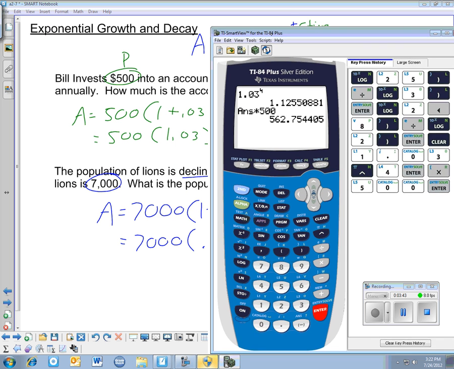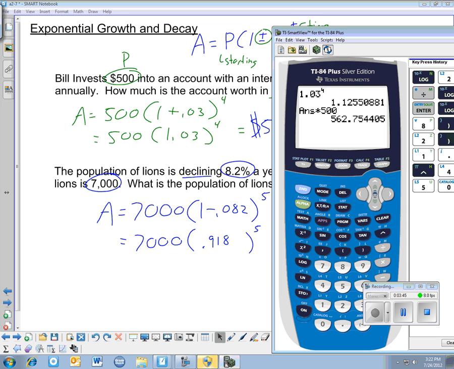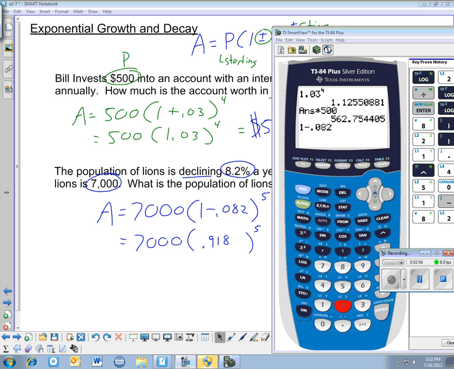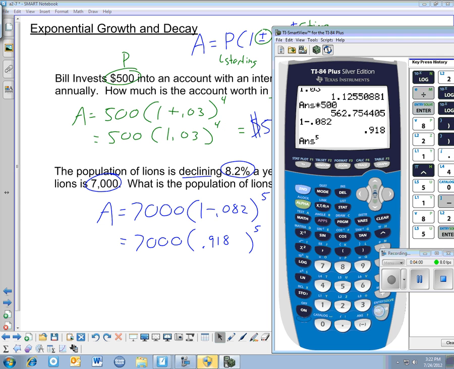Let me move my calculator over a little bit, and I'm going to type this in. First, I want to confirm that I'm right about my subtraction. 1 minus 0.082 is 0.918. Okay, so let's raise that to the 5th power for 5 years.